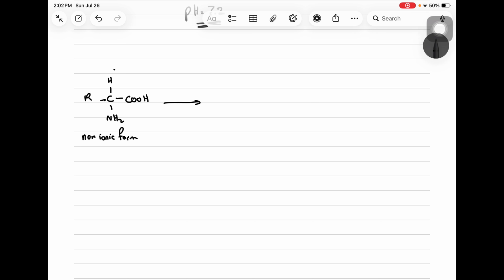At pH 7.2, I'm gonna draw it here. R, carboxylic and amine group. At pH 7.2, carboxyl, I'm gonna say COH, donates proton or deprotonated.